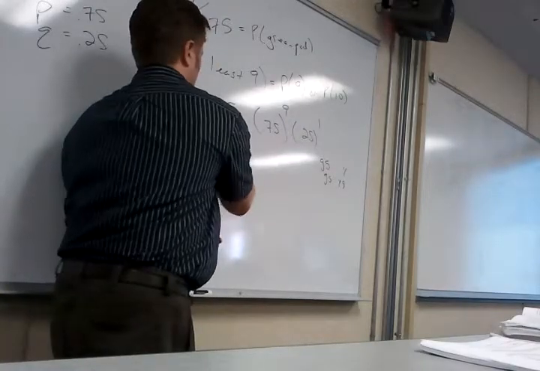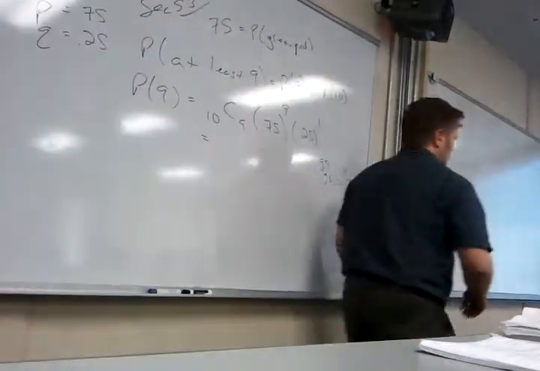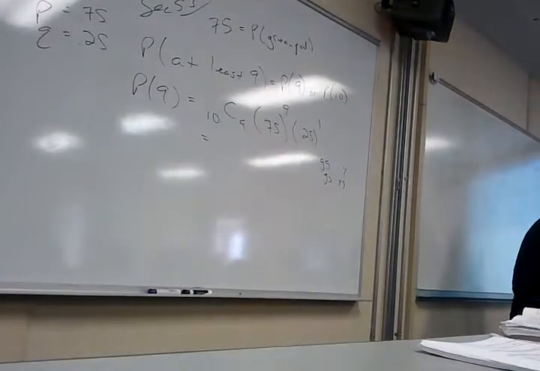So to put that in the calculator, I'll show you the shortcuts here. We would say 10, math, over to probability.